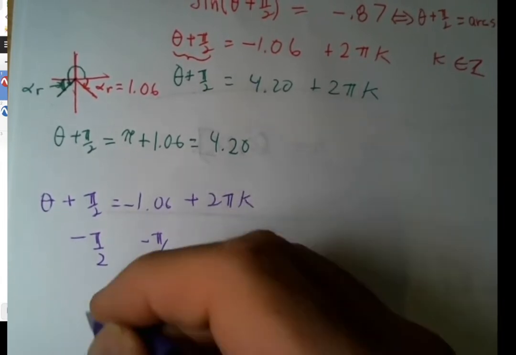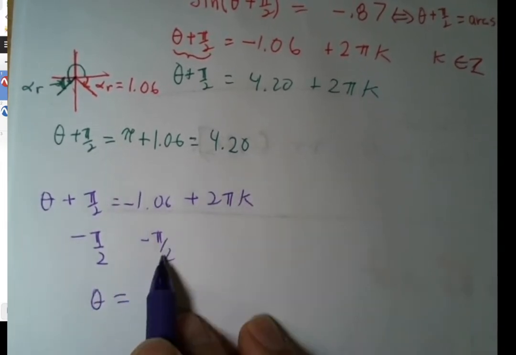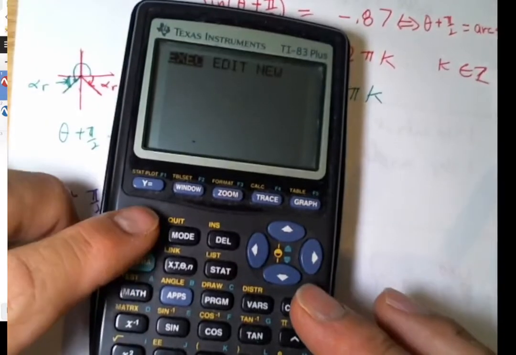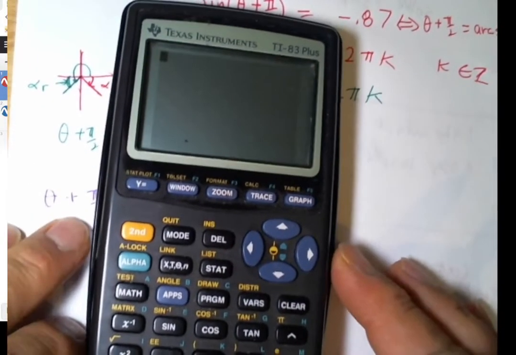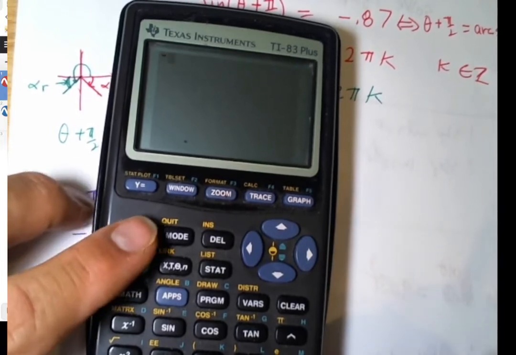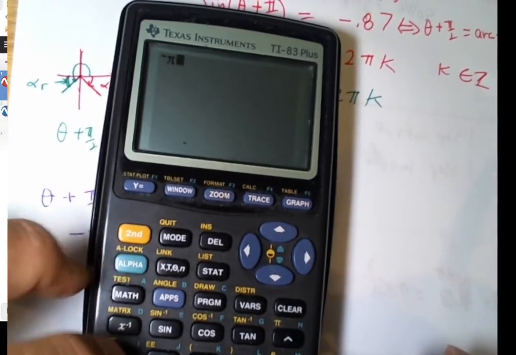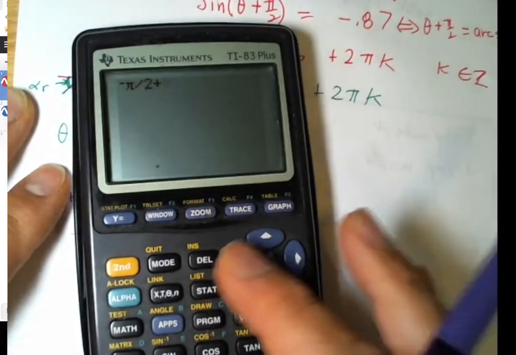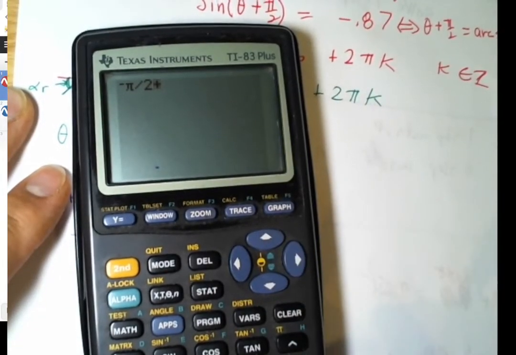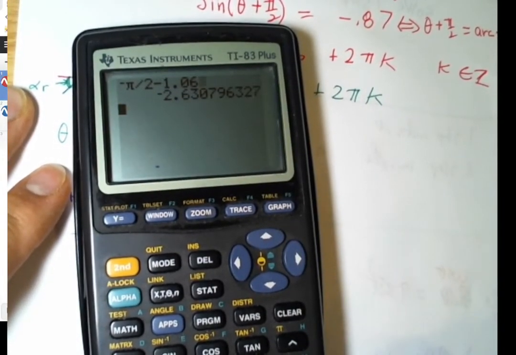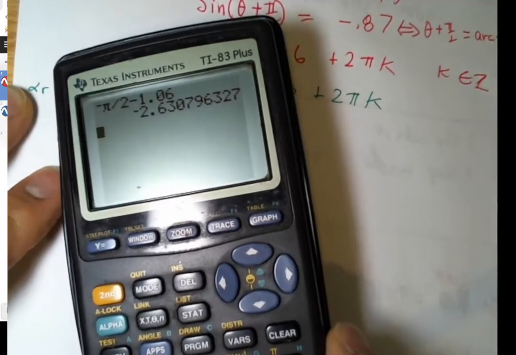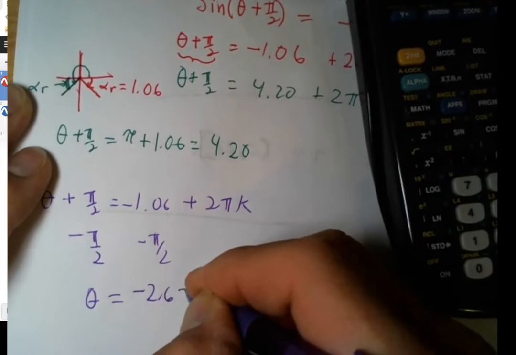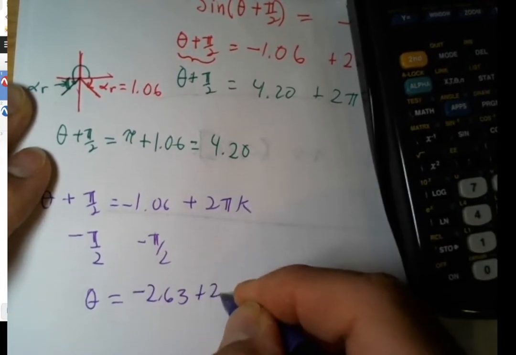So here I'll use the decimal approximation of pi over 2. Now in your calculator, you can really just plug in negative pi over 2 minus 1.06, and we get negative 2.63. And this we can just bring along.